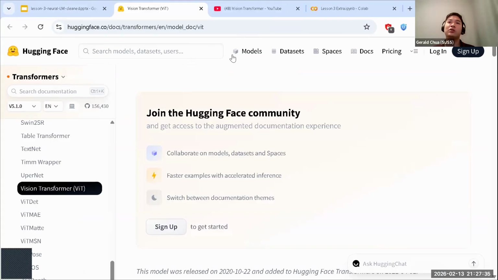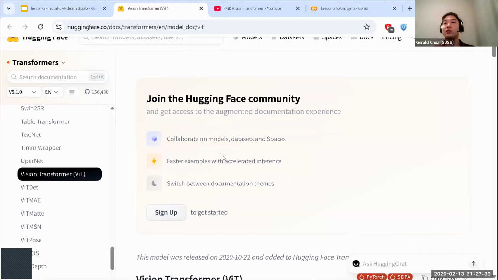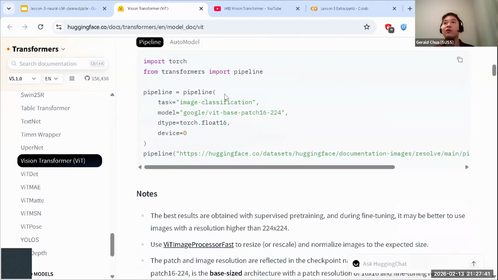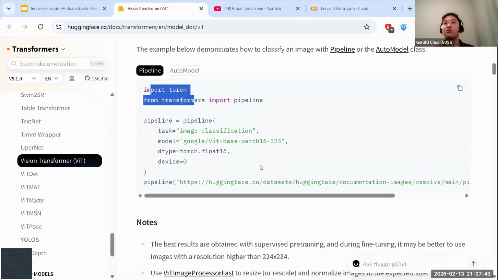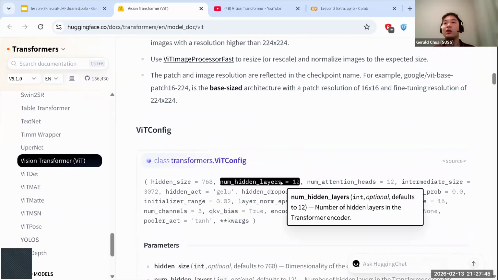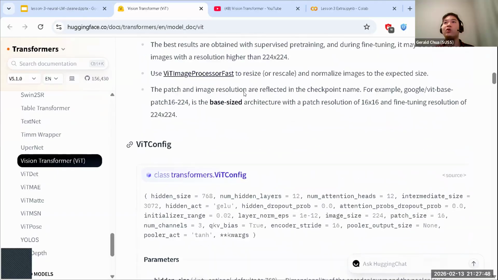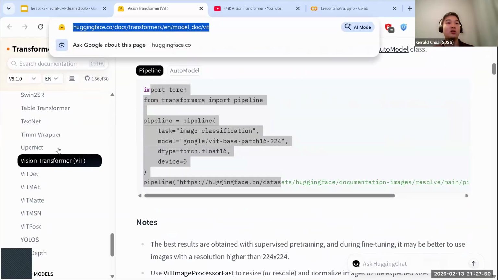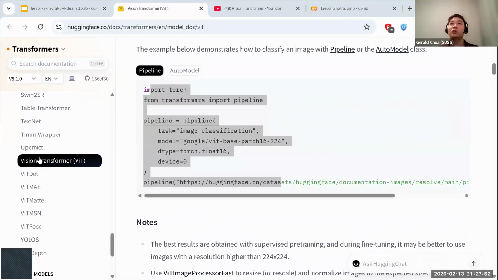I think I have said this before, but Hugging Face is where you can get models lah. For example, for Vision Transformer, they'll teach you how to import it and how to run it. You can search it on your own and see how it's used lah. I'll send it on the chat.